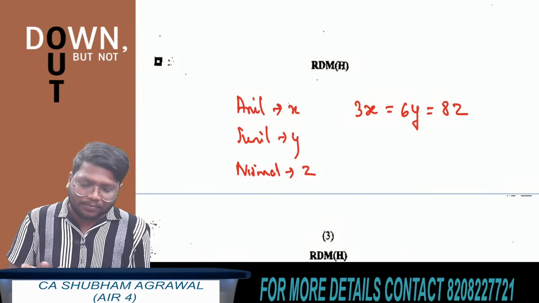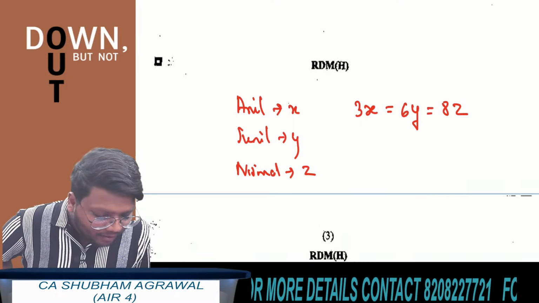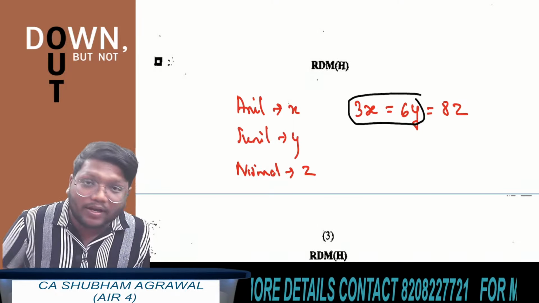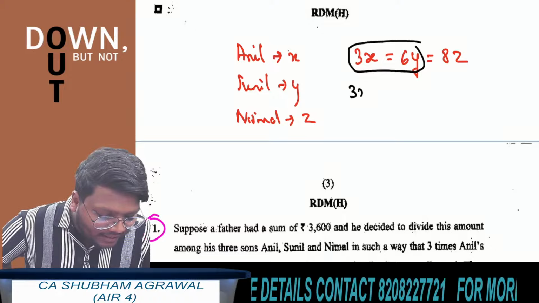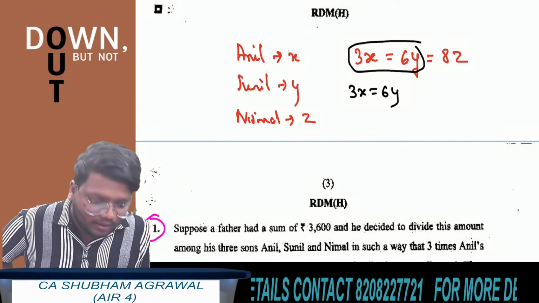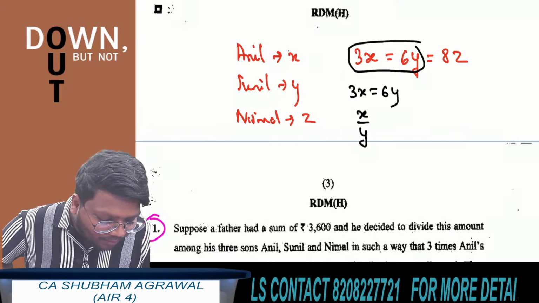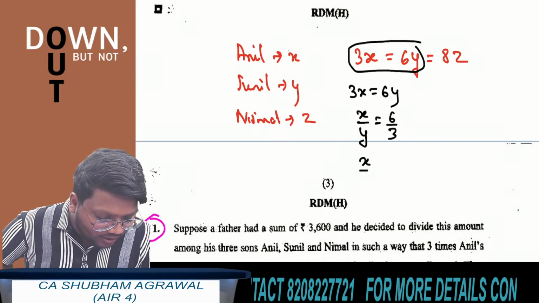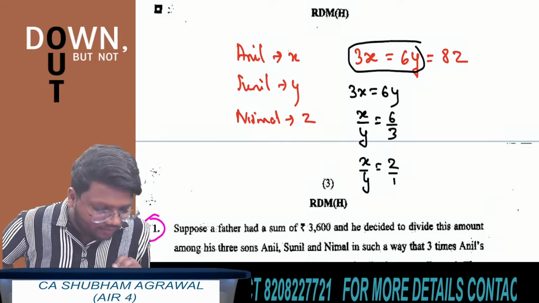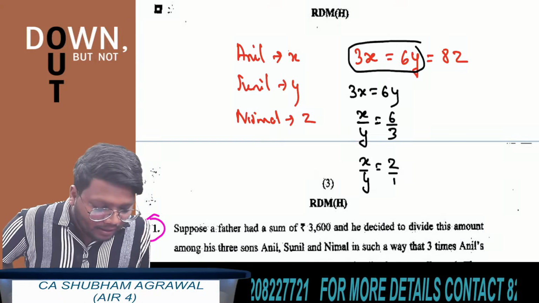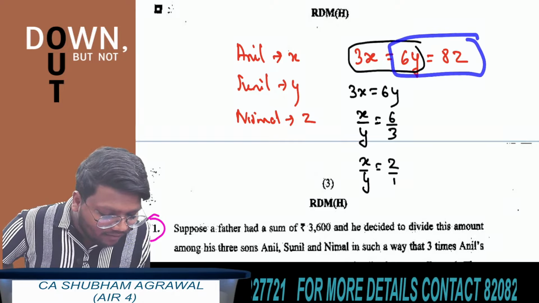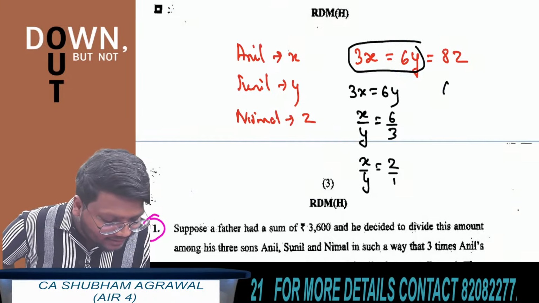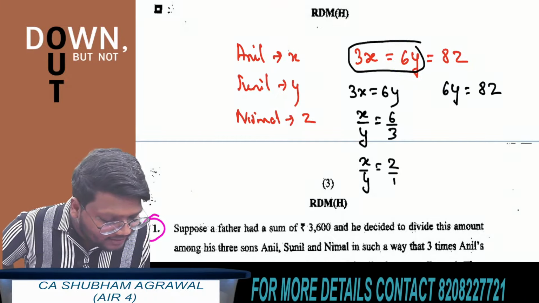This question is also simple. First take 3x equals 6y. Then the value of x upon y is 6 upon 3, which is 2 by 1. Now take 6y equals 8z.